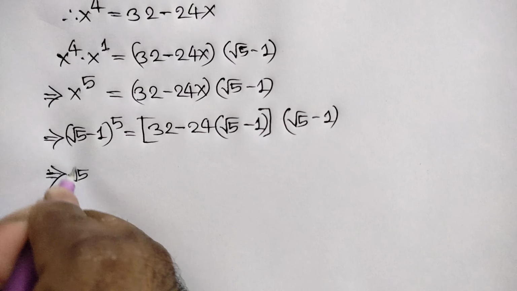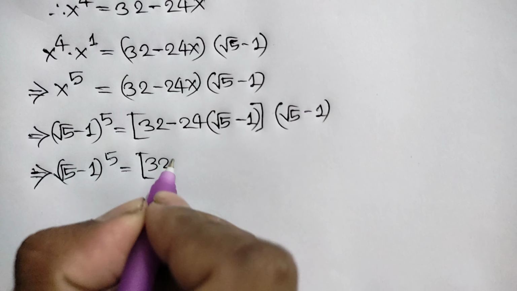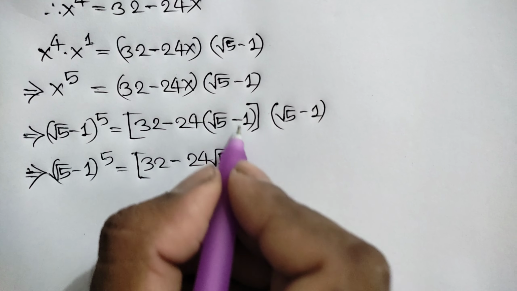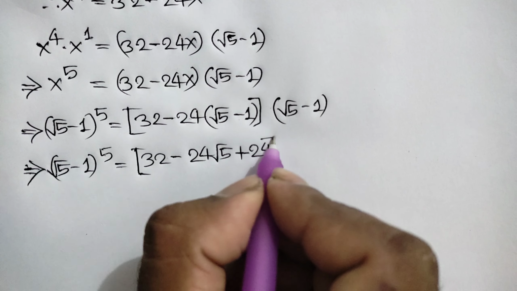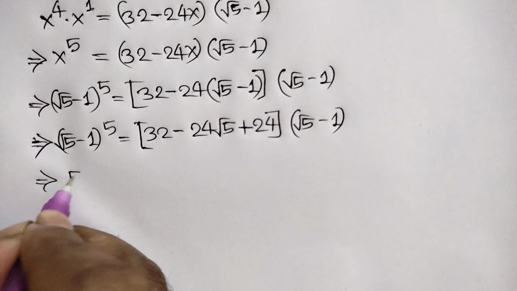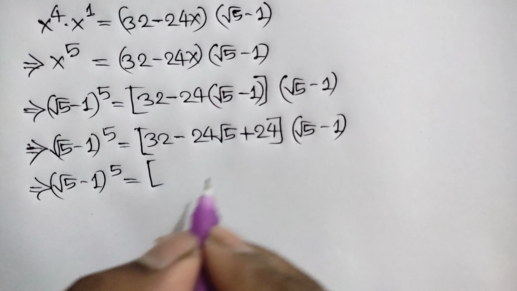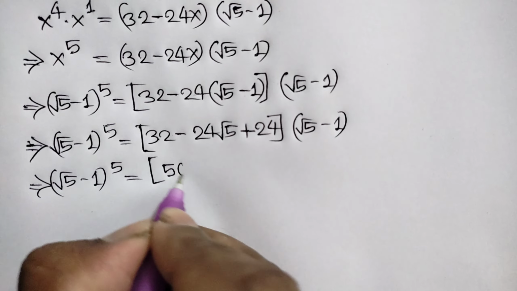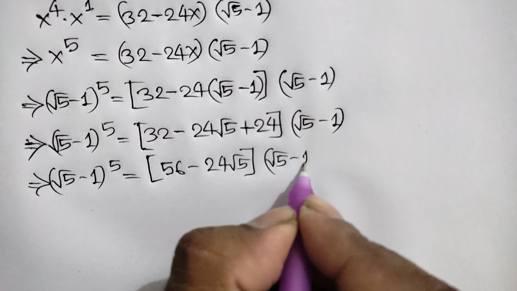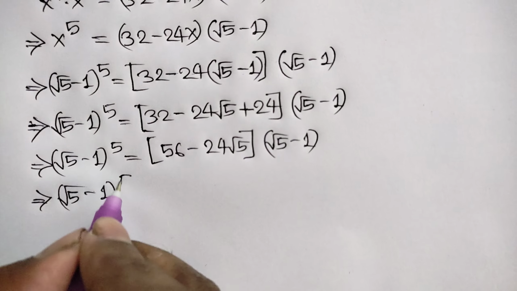So (√5 − 1)^5 = 32 − 24 times √5, which is 24√5, minus 24 times minus 1 is plus 24, times (√5 − 1). So (√5 − 1)^5 = (32 + 24 is 56 − 24√5) times (√5 − 1).